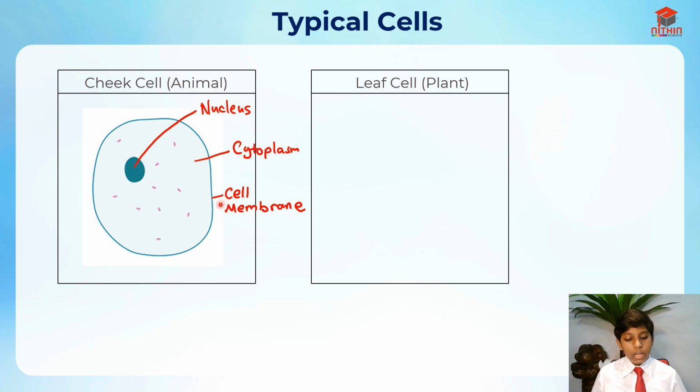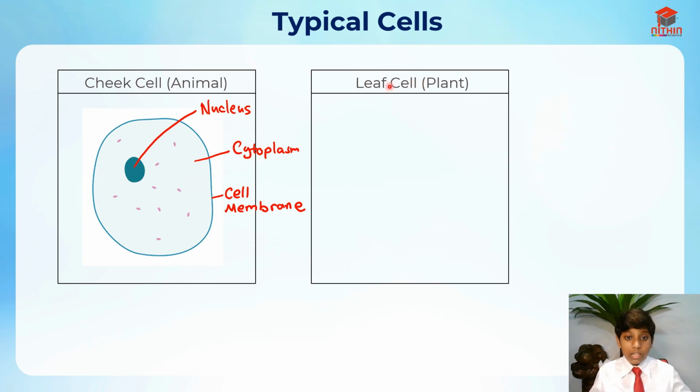It allows substances in and out of the cell. If there's a bad substance that wants to come into the cell, it doesn't allow it, but if there's a good substance that the cell needs, it will allow it to go inside. So it allows substances in and out of the cell.